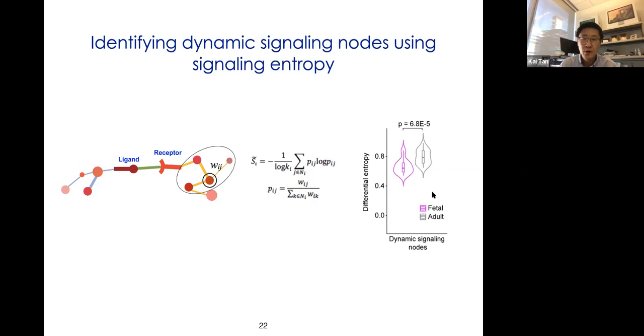Overall, these analyses suggest there's a significant amount of heterogeneity in the signal transduction pathways, even for the same cell types across different tissues. Maybe that's a strategy for the cell type to gain tissue adaptation in different tissues.